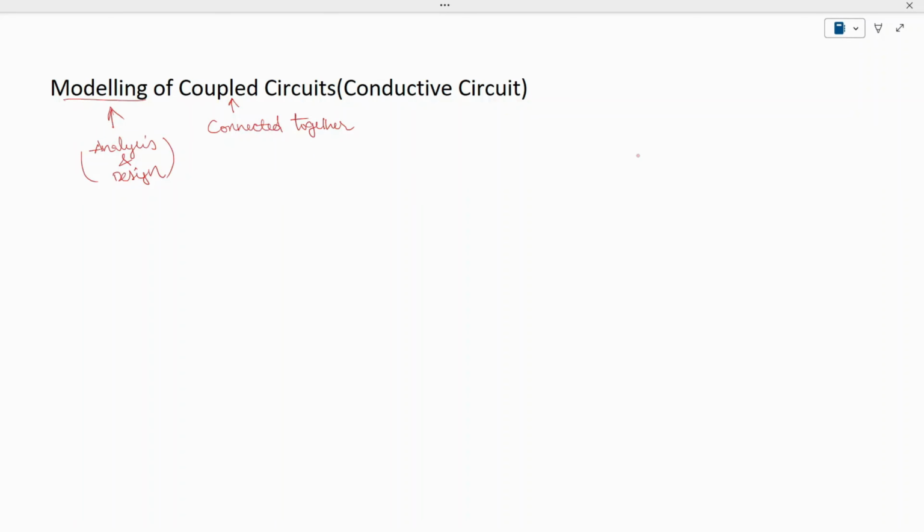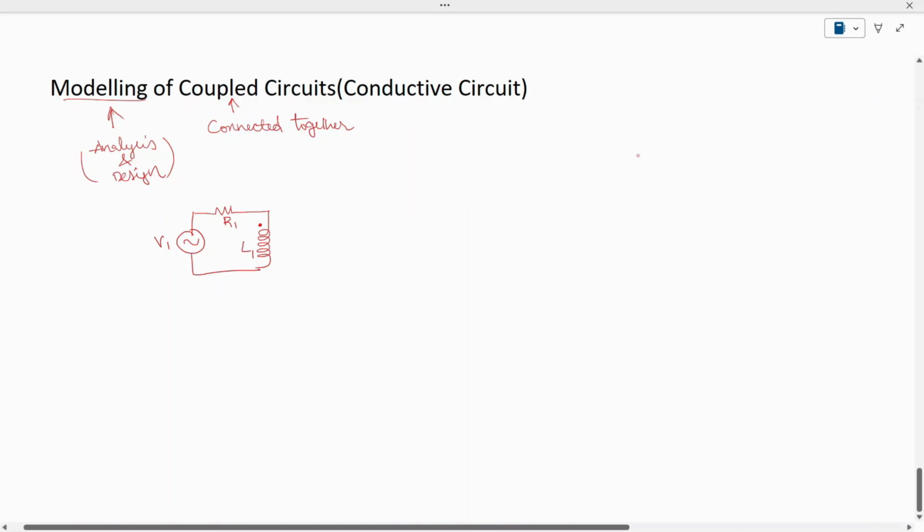So now I am taking an AC source and I have some resistor due to inductance. I have an inductive coil and it is closed. I am taking this as a voltage of V1, a resistance of R1, an inductance of L1 with a dot at the starting. I have one more inductive coil, which you can call the secondary.